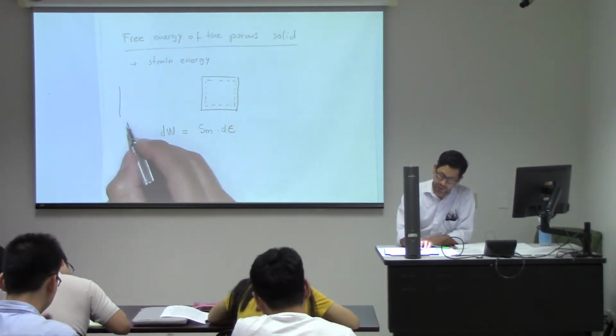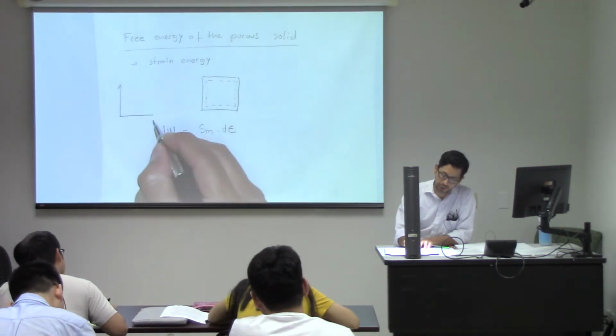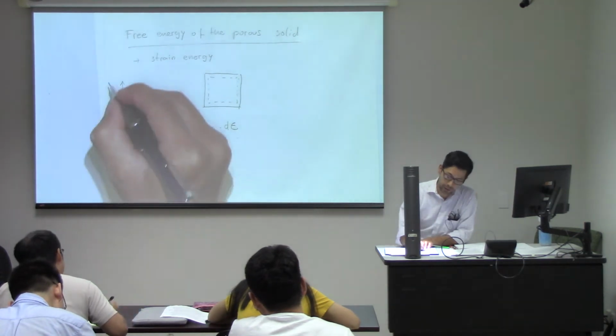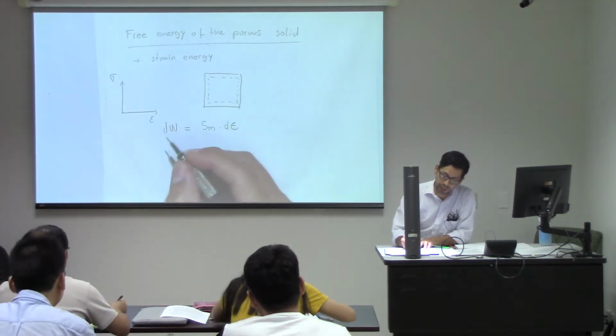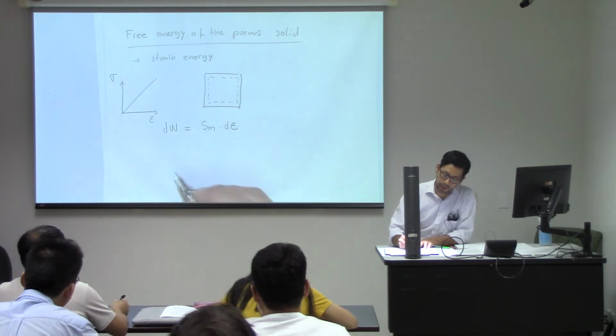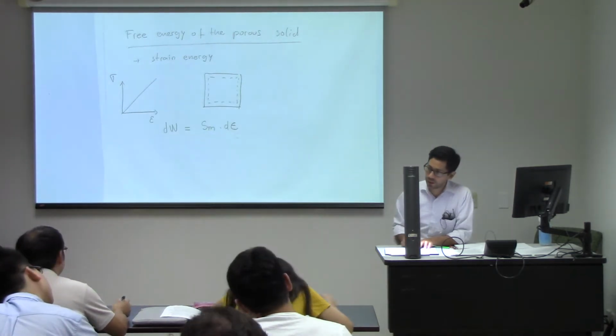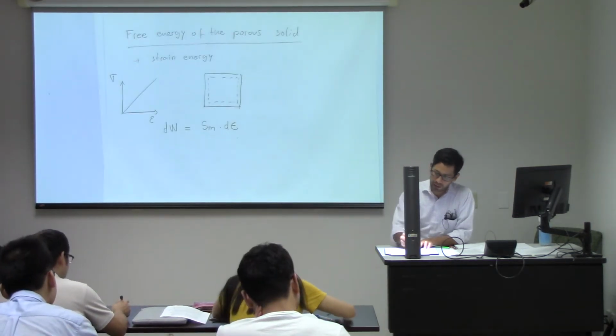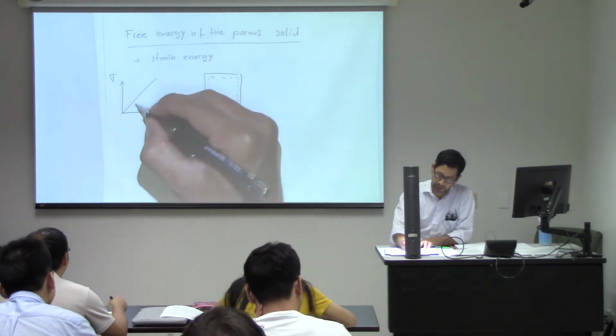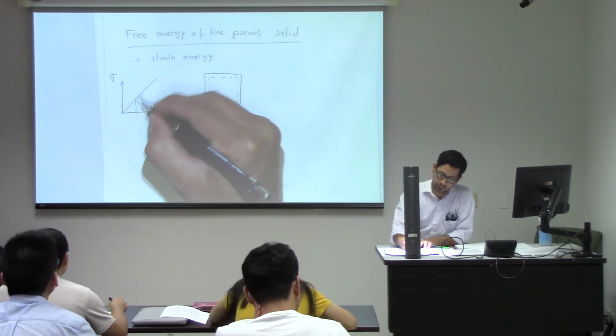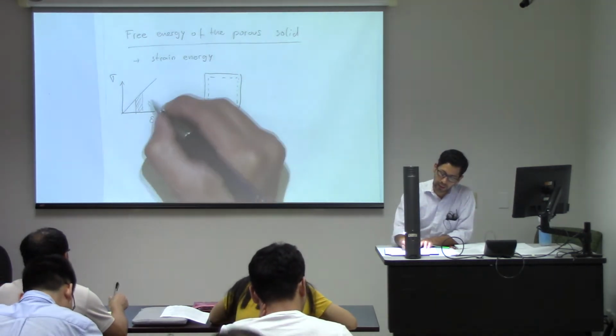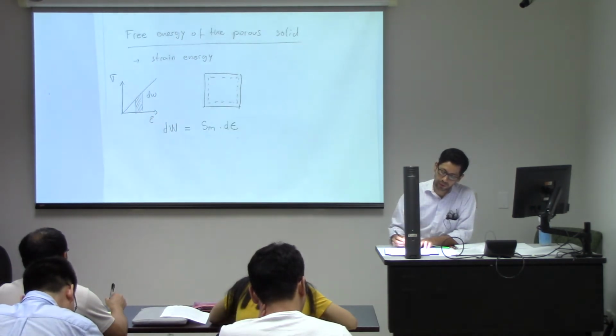is stress times strain. And if you want to be a little bit more rigorous, and we're going to do that later on, if this is sigma, if this is epsilon, and I'm loading this with a linear relationship between stress and strain, the area underneath that is going to be dW, right?